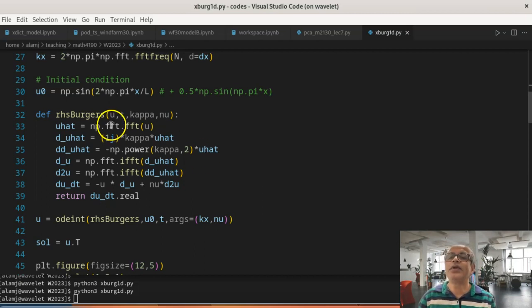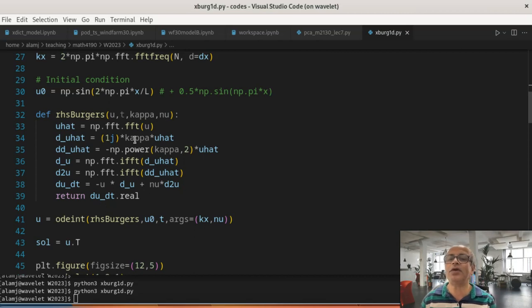In order to write the Burgers' equation in the Fourier method, and to have the syntax for SciPy odeint, we need to pass the first argument, my dependent variable, solution u. The second argument is the time variable, and then I have parameters. In this case I have two parameters, which are kx and the viscosity nu.